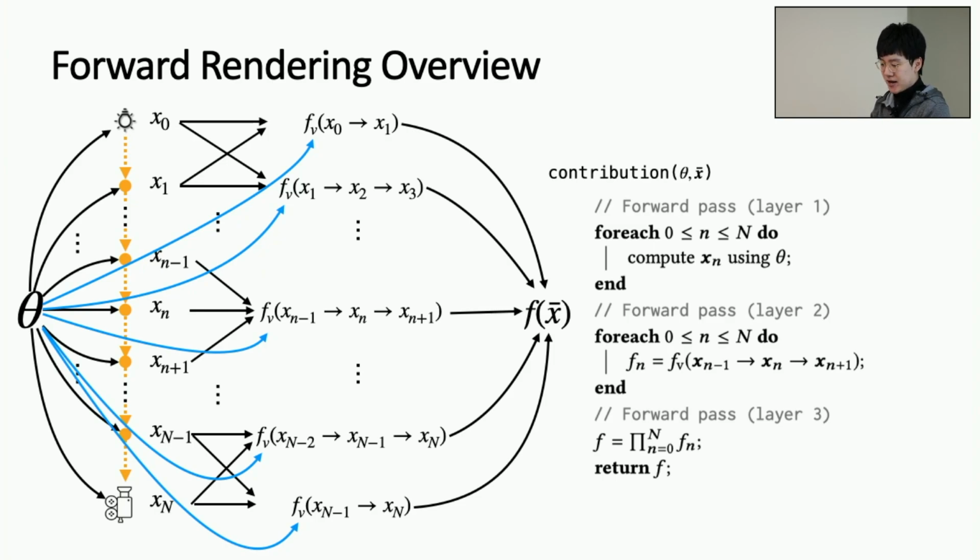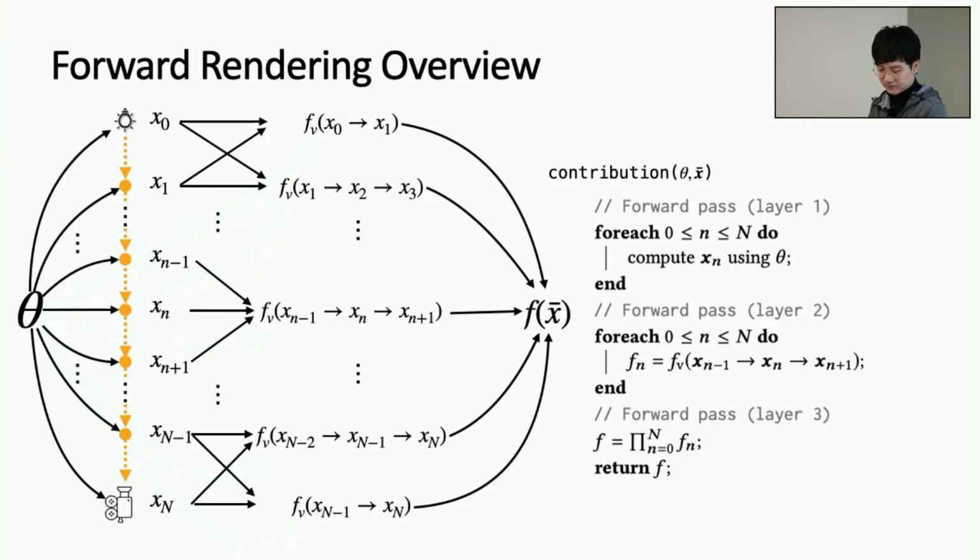This computational dependency is denoted by the blue arrow. To simplify this problem, we assume that they're independent. Note that the yellow arrow shown here only represents their order and doesn't imply any computational dependency.